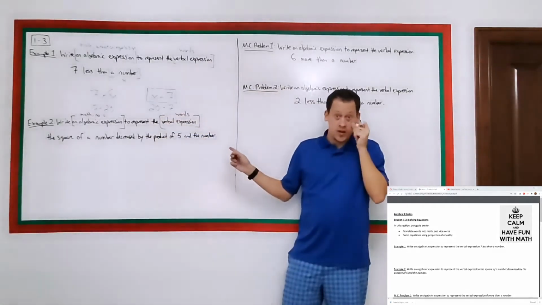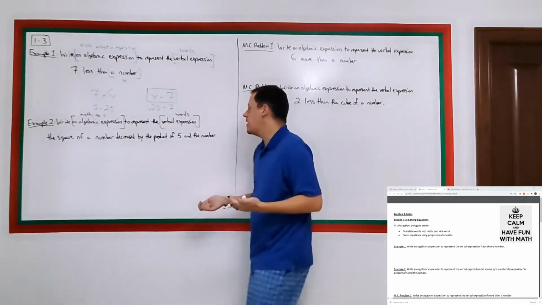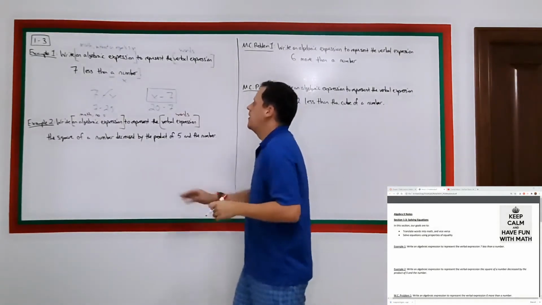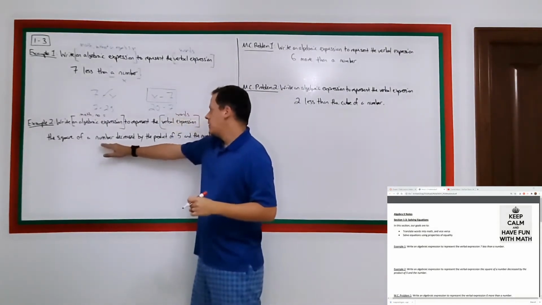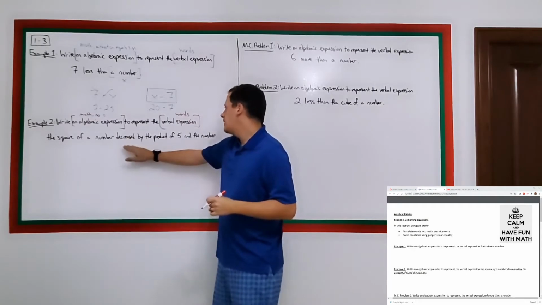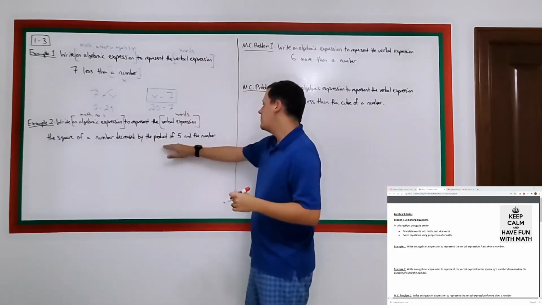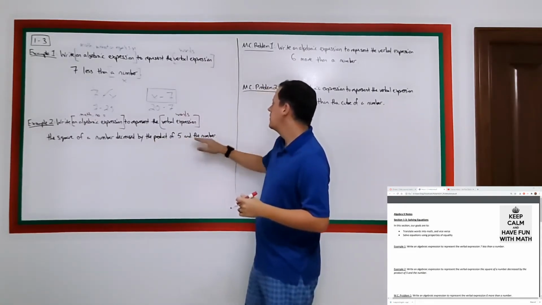And these are the words that we are trying to write in math. The square of a number decreased by the product of 5 and the number.